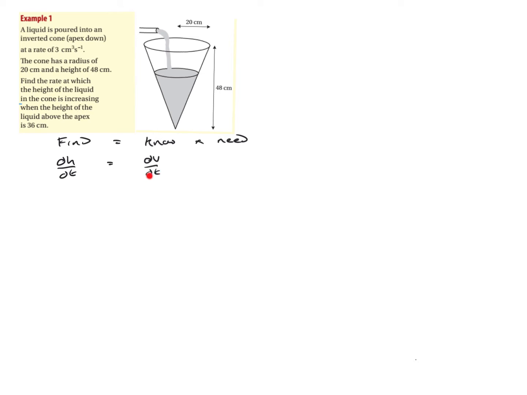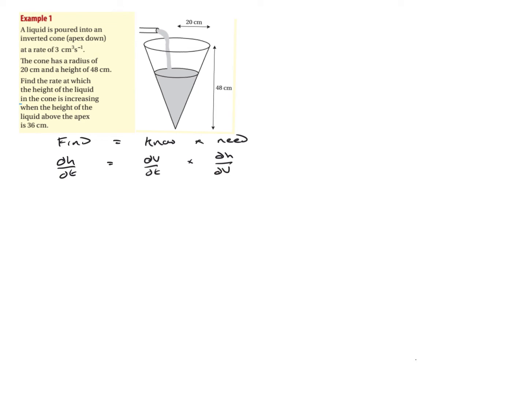We've got dt and dt on the bottom, so that's fine. We need a dH on the top, so that's going to have to be dH there. And the third variable that we've introduced is dV, so the dV must go under the dH. So we've got to find some linkage for dH/dV here.